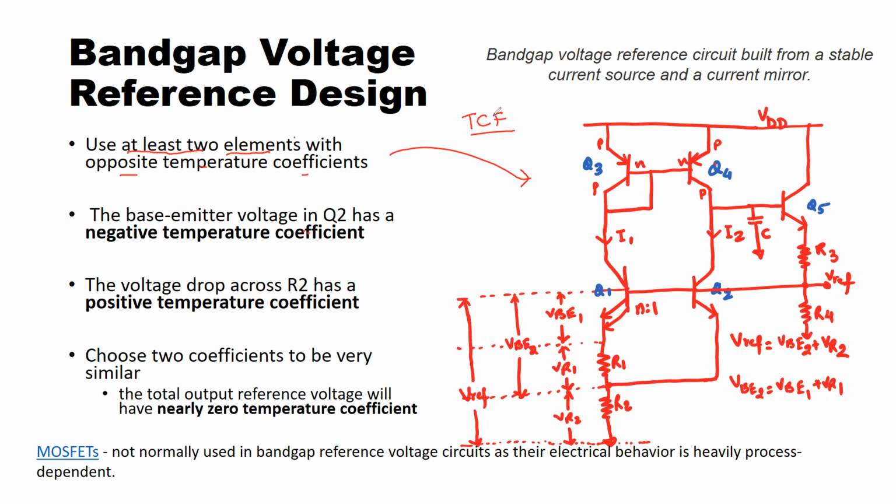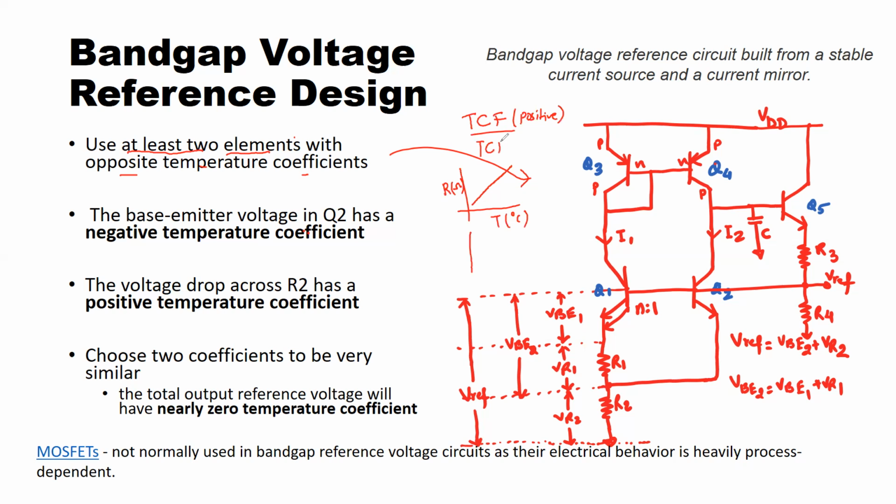TCF stands for temperature coefficient. If an element has a positive temperature coefficient, it means its value varies with respect to temperature in degrees centigrade. For example, a resistor: resistance R in ohms will vary positively with an increase in temperature, and that is my positive temperature coefficient.